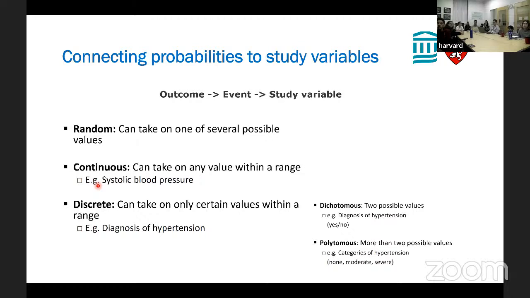Therefore, the classic binary and the classic nominal are actually part of the discrete, because we are counting how many times the option, let's say yes, of the binary outcome is happening. Let's say how many die, how many get a diagnosis, how many respond. You see, that's why at the end, in probability, we just have two big groups, okay?